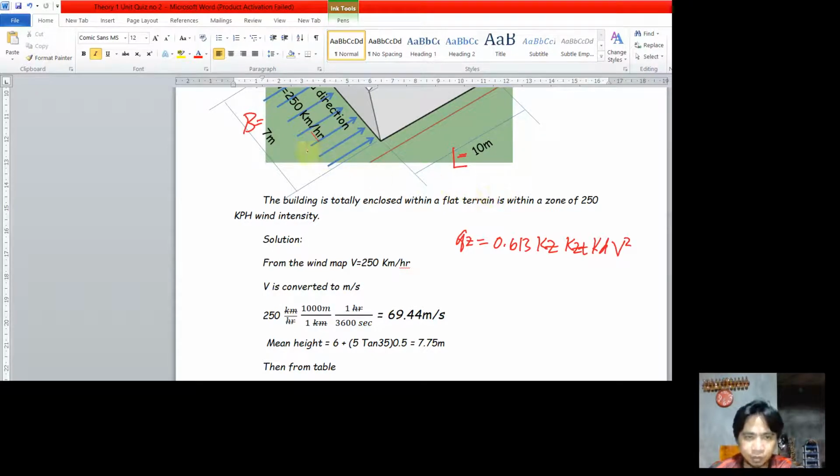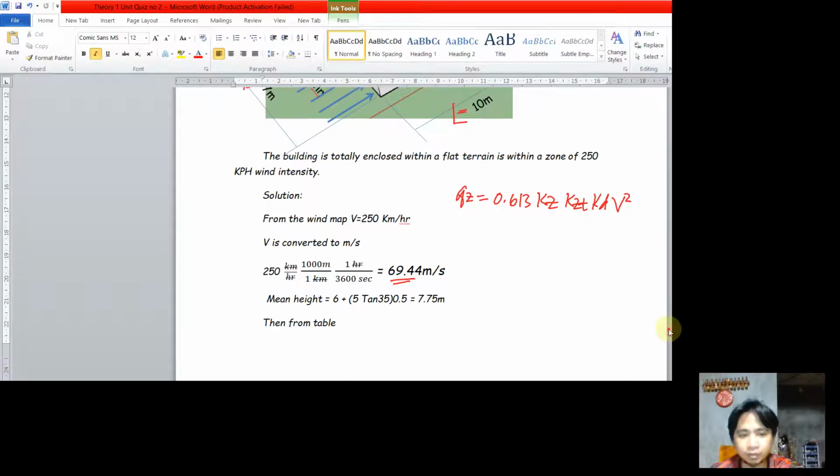So practically, we first convert our V equivalent to 250 kilometers per hour to meters per second. We have a conversion factor, 1000 meters equivalent to 1 kilometer, and an hour is equal to 3600. Multiplying that and dividing by 3600, we have 69.44 for that V.